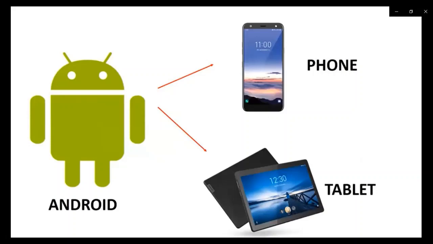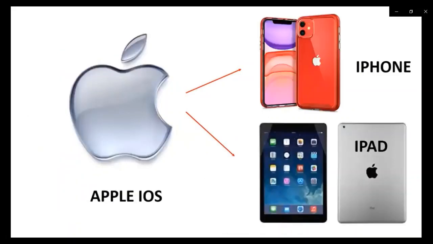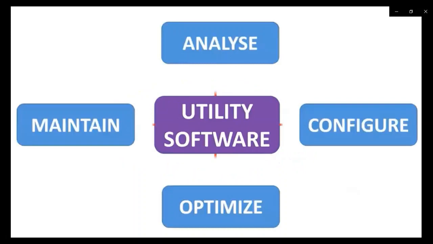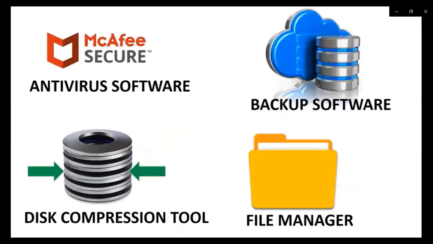Android is the most common mobile operating system used for mobile phones and tablets. iOS is used on iPhone and iPad. Utility software is software used to analyze, configure, optimize and maintain the computer. Examples of utility software are antivirus software, backup software, disk compression tools, and file manager.